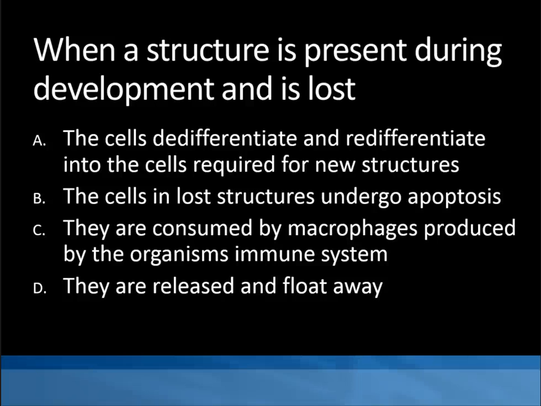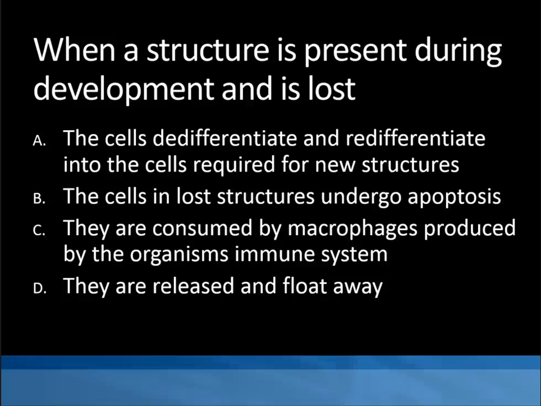They are also not consumed by macrophages, right? Macrophages are those cells that basically eat foreign invaders, okay? They're kind of like the cleanup crew of your body. Well, when you're developing, you don't have the immune system all set up, so there aren't any macrophages available, right? They're just released from their epithelial tethers and float away.